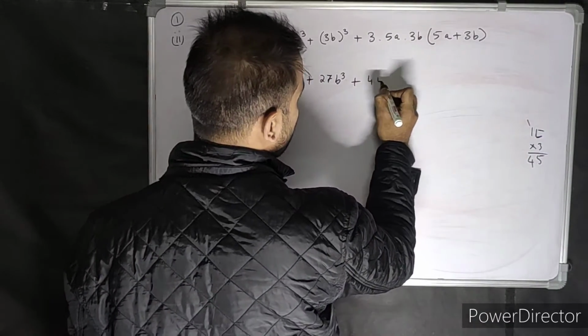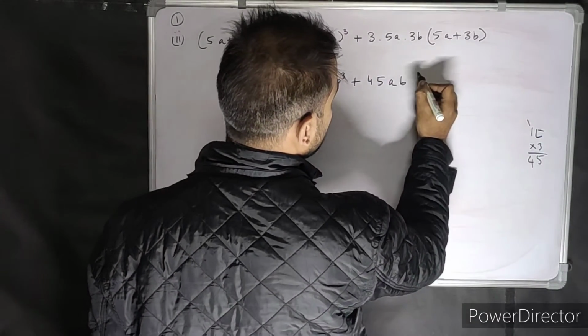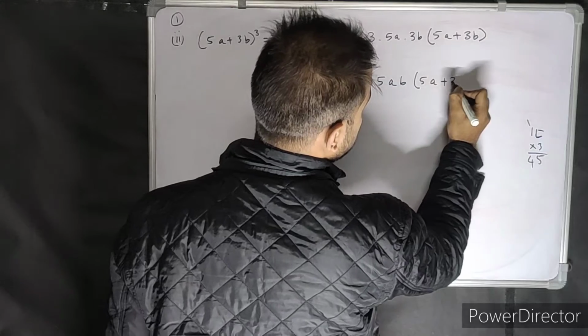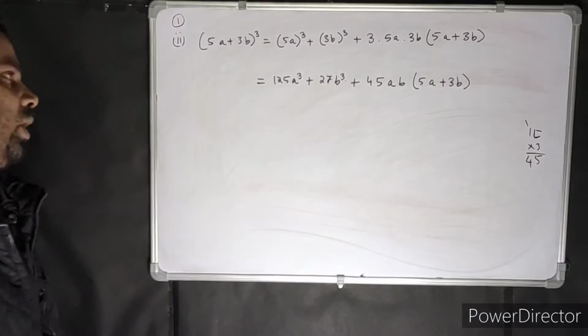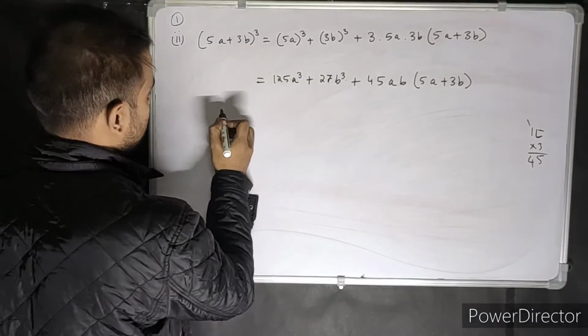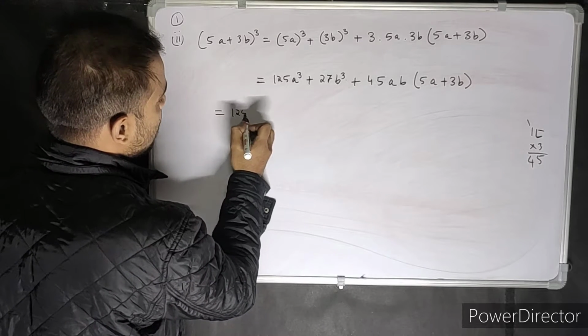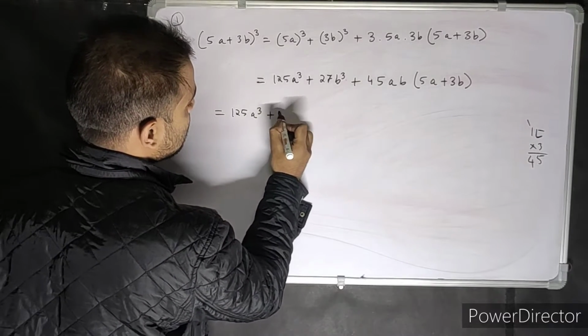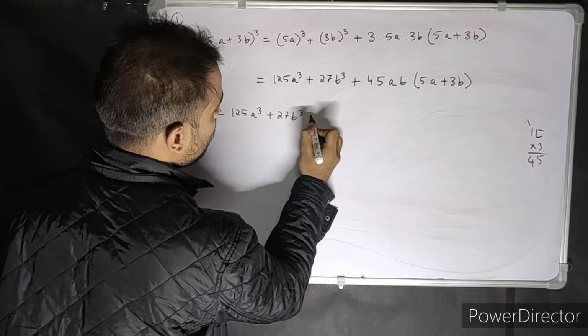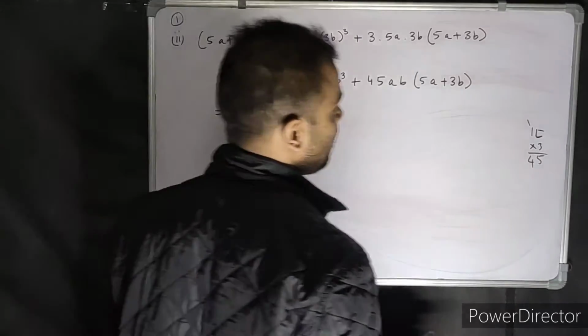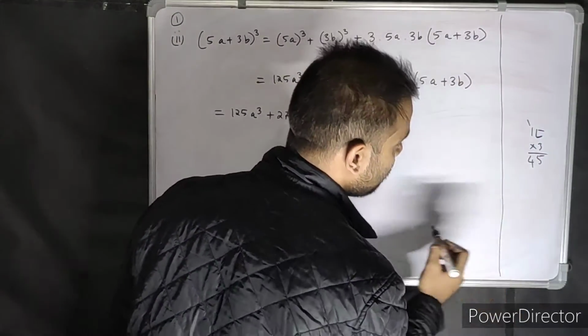So see, I am also doing the calculation along with you, so that in the exam, how you're going to do it, you're going to do it like this. So that is now 125a cube plus 27b cube plus, now multiply this 45 into 5, make a rough work column.